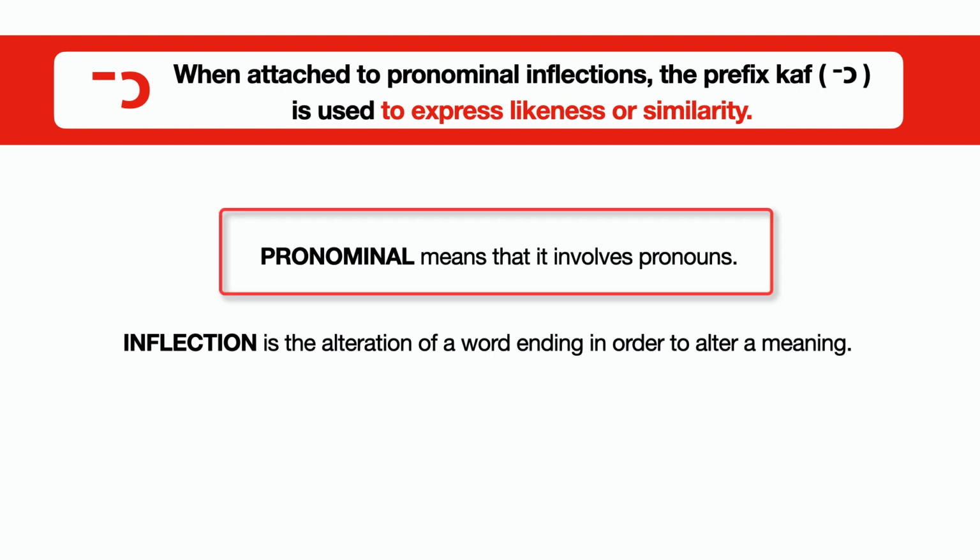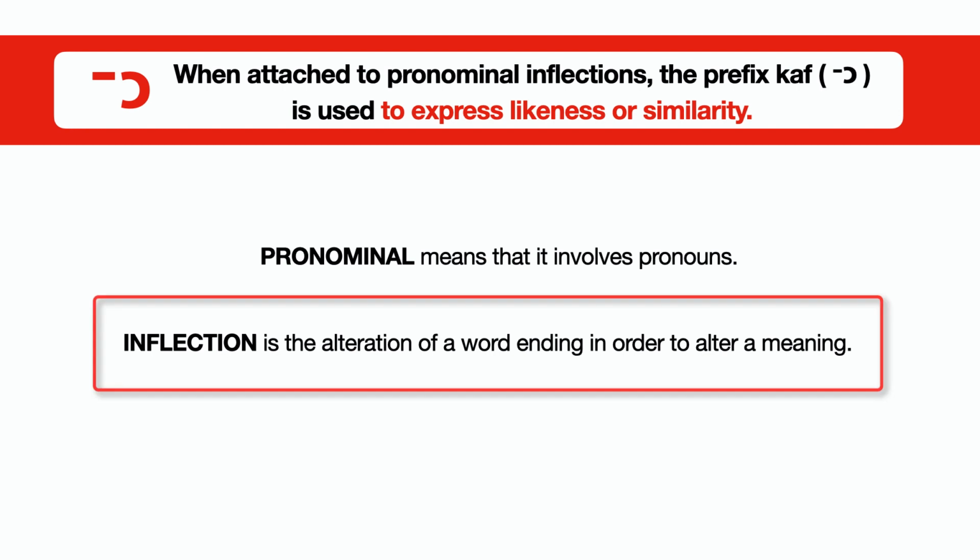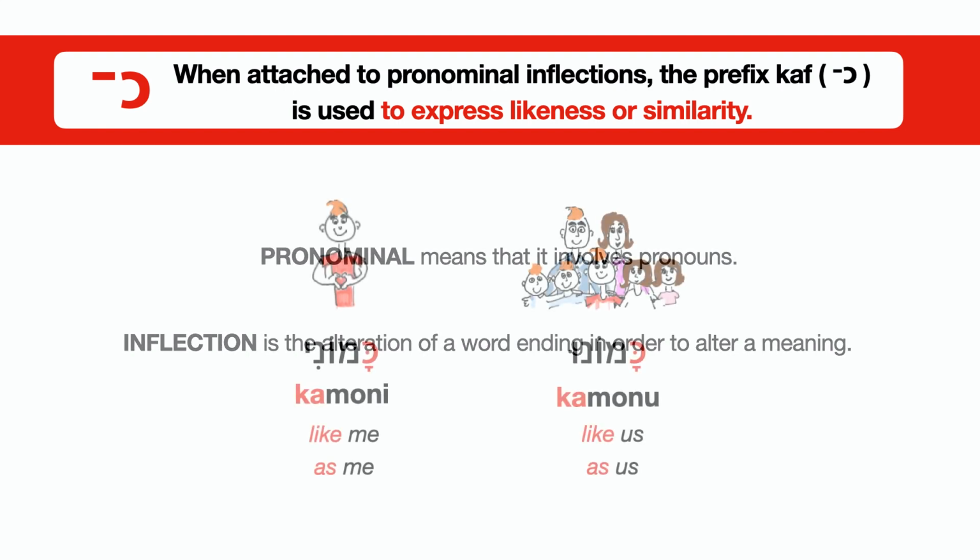Now, pronominal means that it involves pronouns like I, me, you, he, she. Of course, in Hebrew, that's ani, ata, anachnu, hu, he, etc. And inflection is the alteration of a word ending in order to alter its meaning. So the prefix kaf has pronominal inflections, and we'll look at examples of what that looks like.